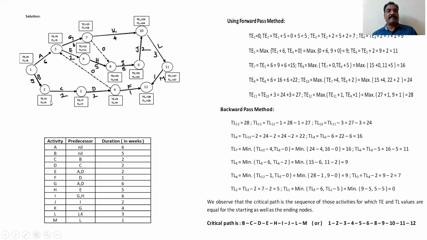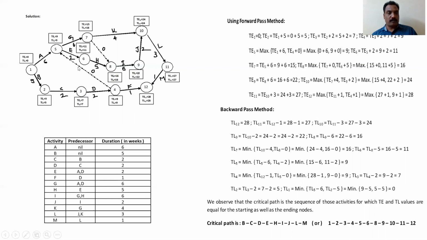TE2 is TE1 plus 5, that is 0 plus 5, equal to 5. Similarly, TE3 is 5 plus 2, that is 7. TE4 is TE3 plus 2, that is 7 plus 2, equal to 9.